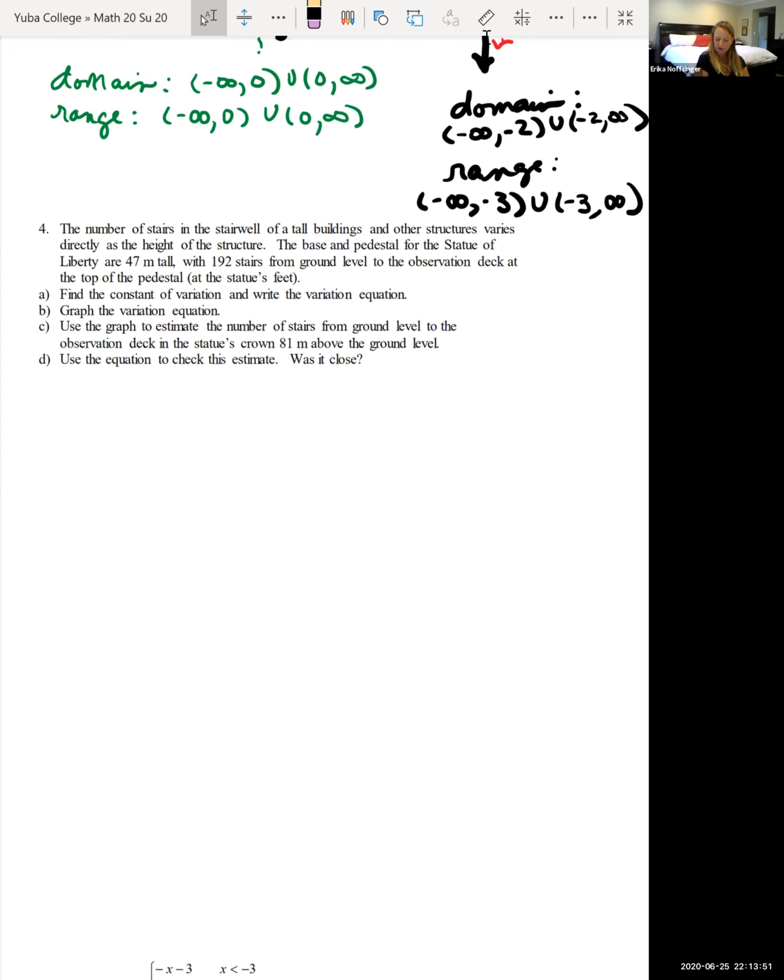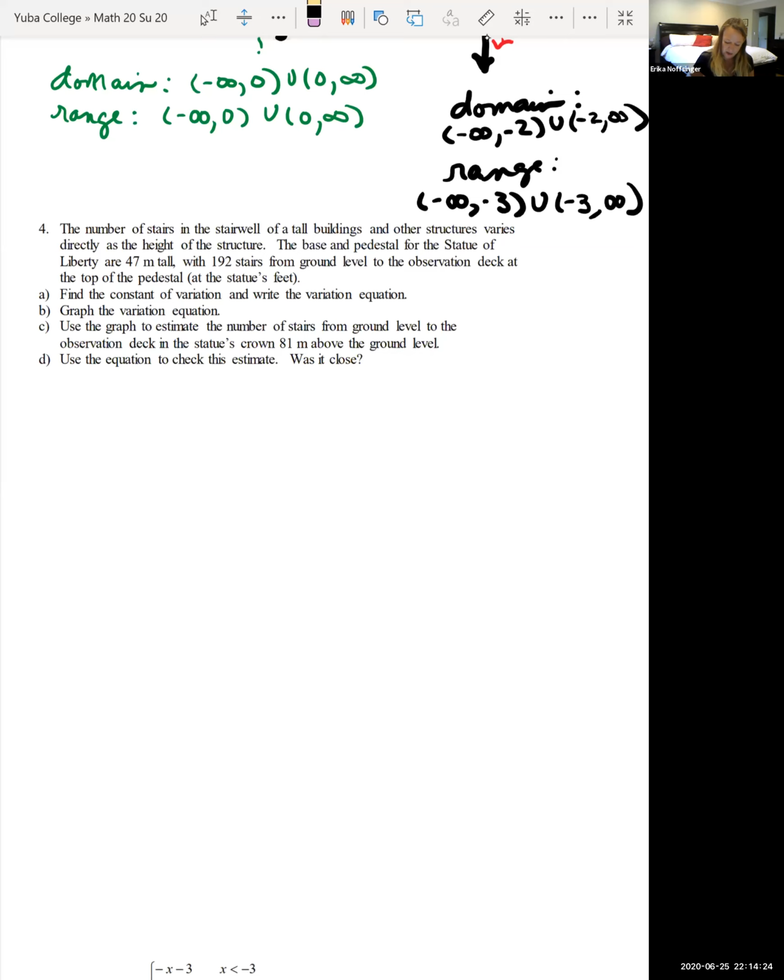It says the number of stairs in a stairwell of a tall building and other structures vary directly as the height of the structure. The base of the pedestal for the Statue of Liberty is 47 meters tall with 192 stairs from the ground level to the observation dock at the top of the pedestal at the statue's feet. So A, find a constant of variation and write the variation equation.